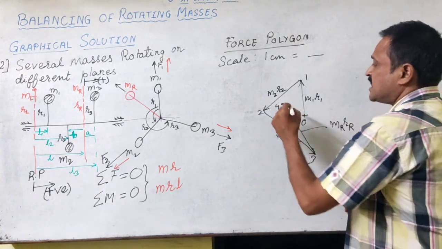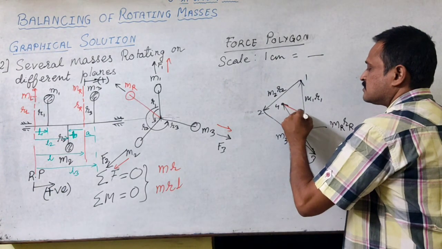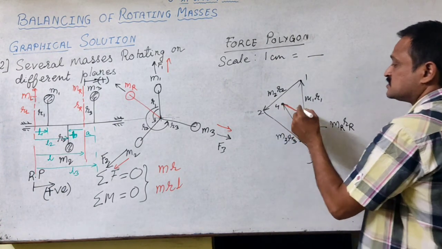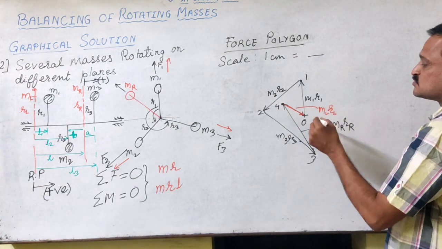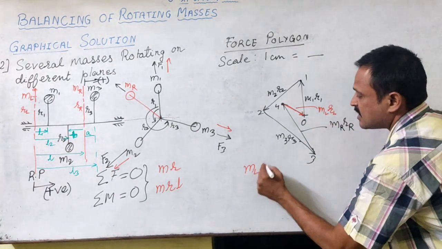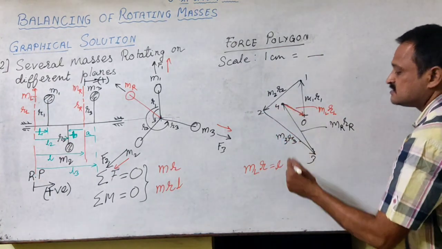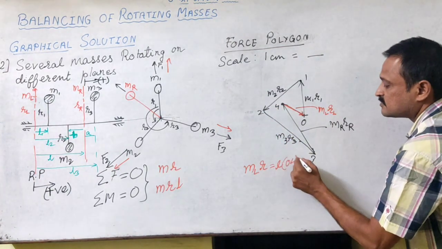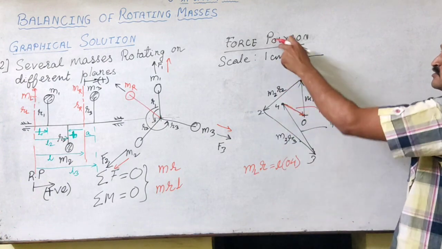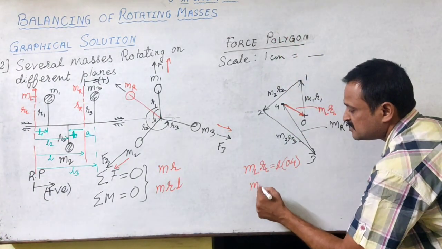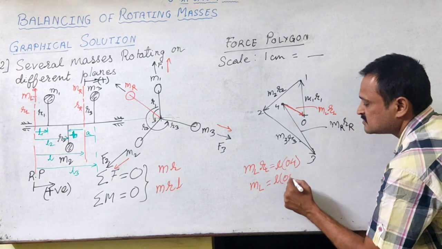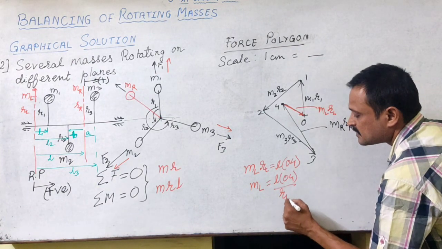Now when we come back to the pole, this vector is MLRL. So MLRL is equal to the length O4. So we can convert it to the scale, as RL is known to us, so this is divided by RL.